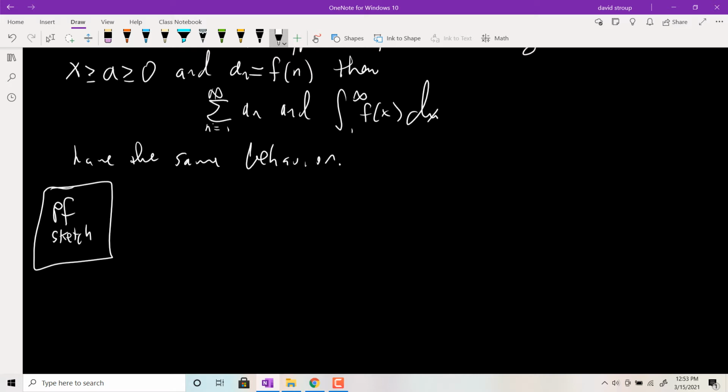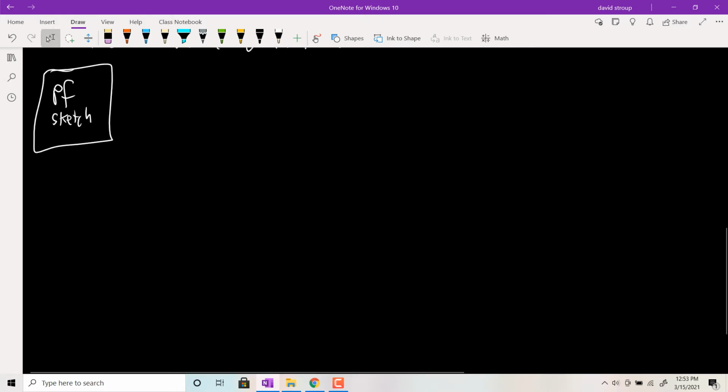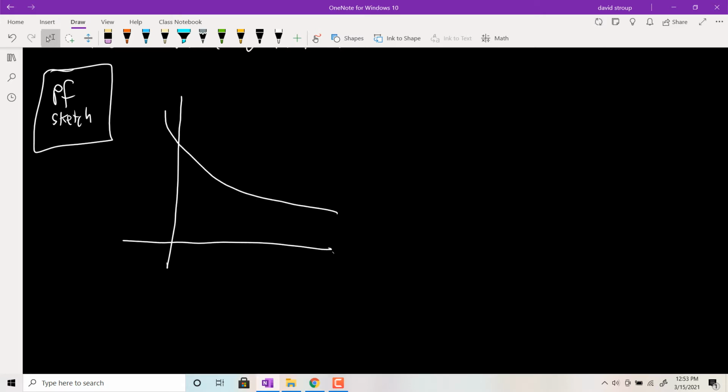Okay, so we begin by kind of drawing a picture. So here we have a picture of f of x over the interval from 1 to n. The function is continuous, positive, and decreasing. I'm going to first put some rectangles below. They're called inscribed rectangles, and then circumscribed.